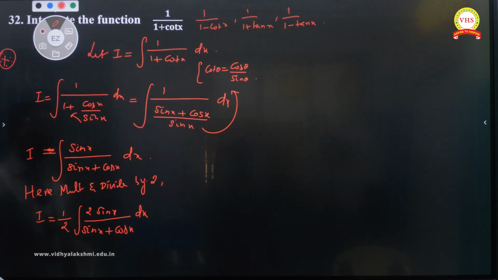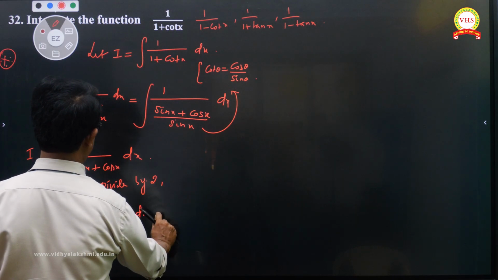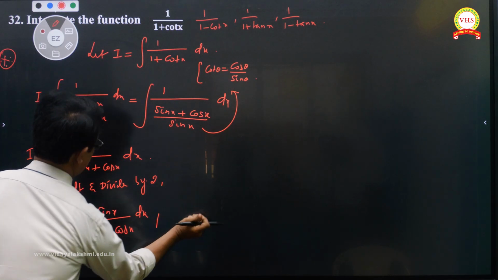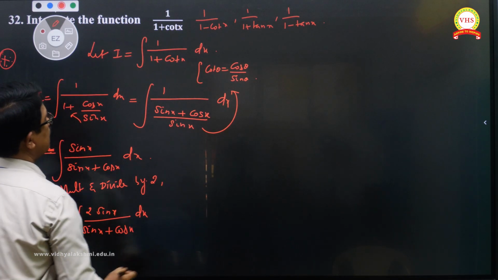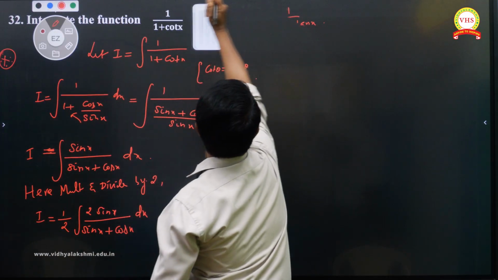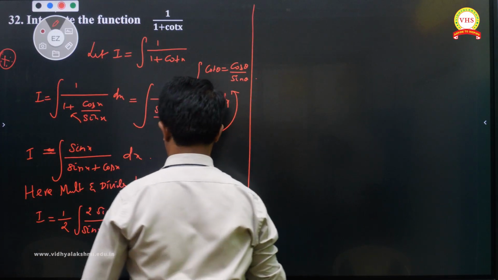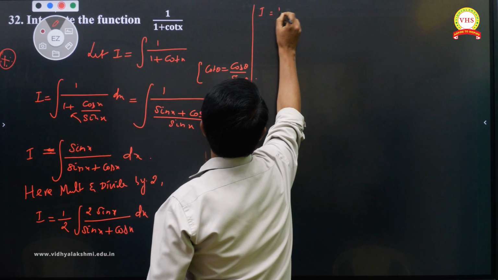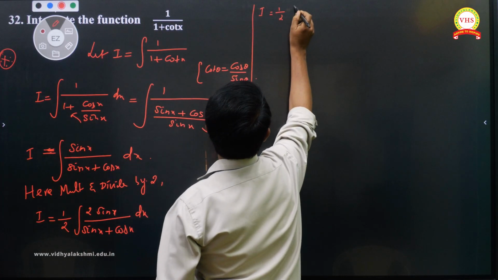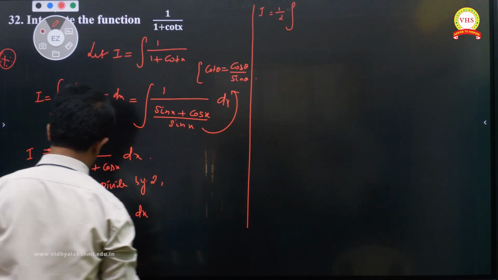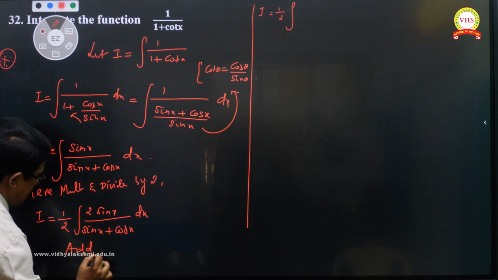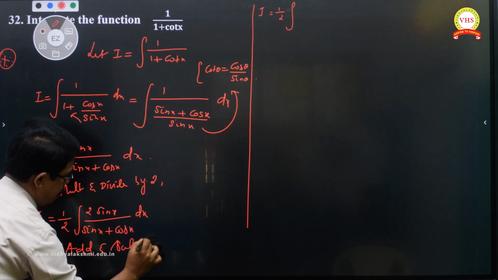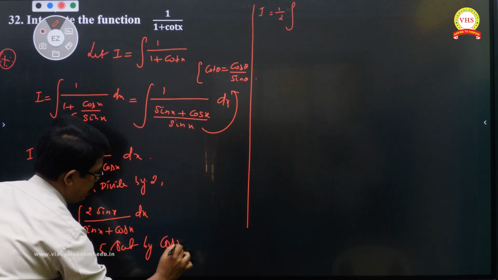After that, we need a small adjustment. Now I equals 1 by 2 into integral. I am going to add and subtract cos x in the upcoming terms.